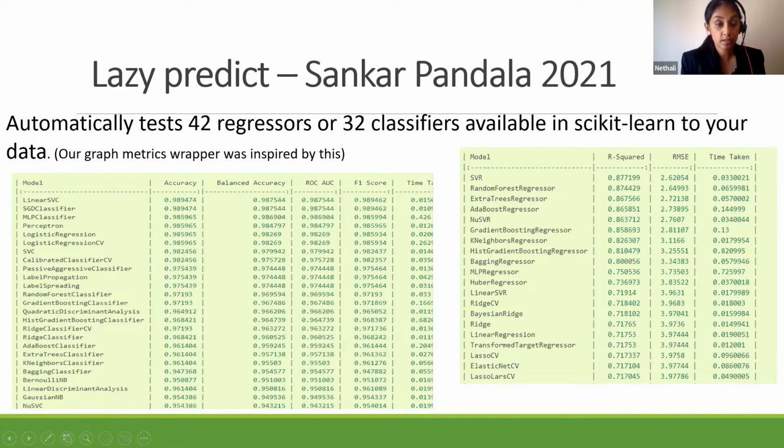So it's quite efficient and automatically tests about 42 regressors and 32 classifiers. We do use this in our projects, and the graph metrics wrapper created in our lab was inspired by this. Whereas it checks an assortment of different models, our wrapper checks an assortment of graph metrics coming from NetworkX.